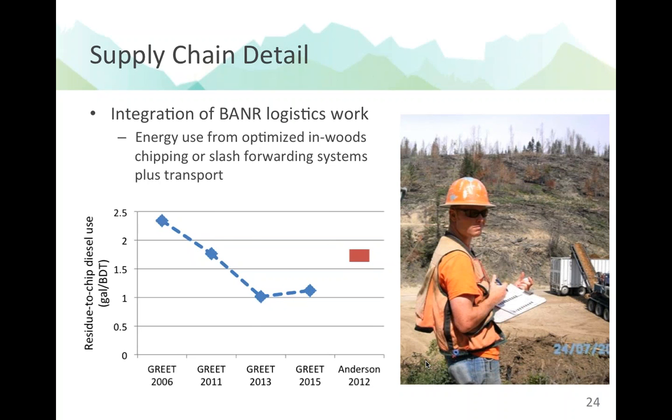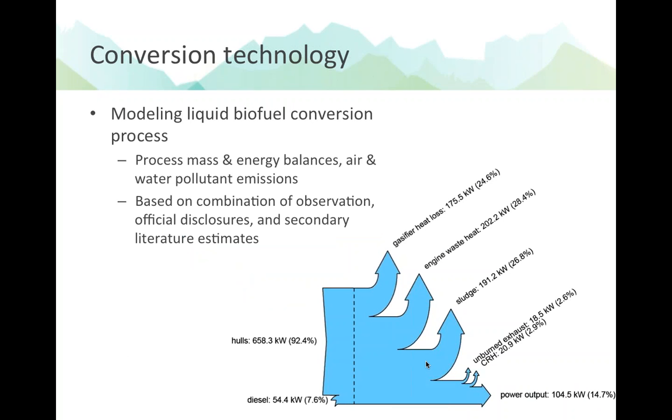On the next slide, on the fuel conversion process, the question becomes how efficient is the Cool Planet process compared to some of the other hypothesized technologies that are out there, some of the things that are assumed in this GREET model.